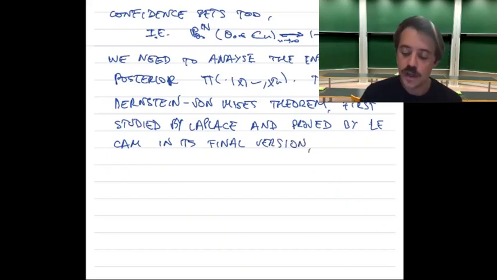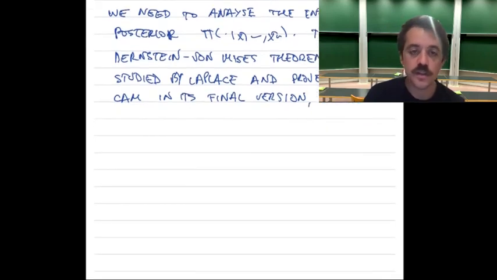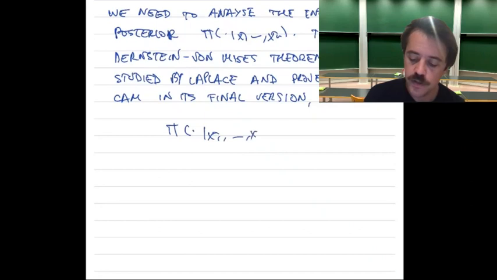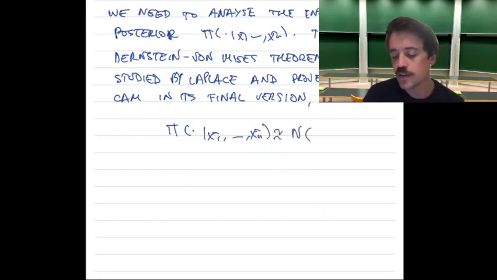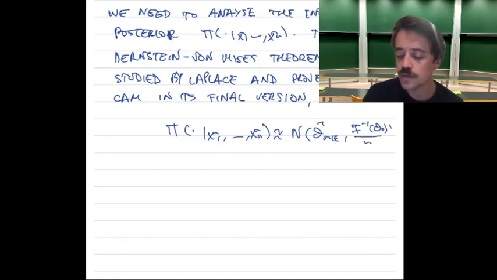So what does the Bernstein-von Mises theorem say? Just to give you a heads up, it says that the posterior will be approximately like a normal distribution that is centered around the MLE with the inverse Fisher information, rescaled by 1/n.